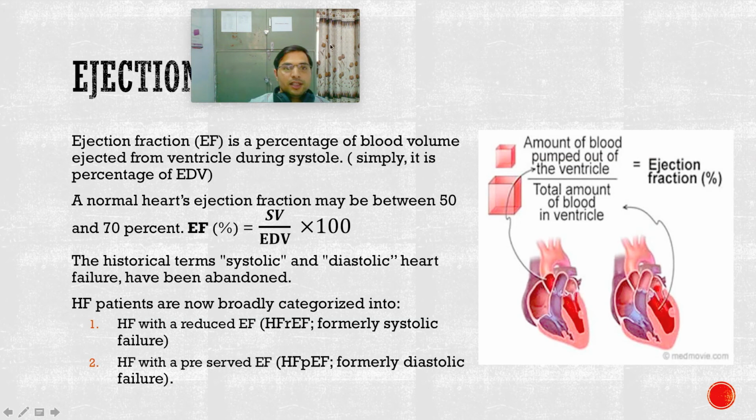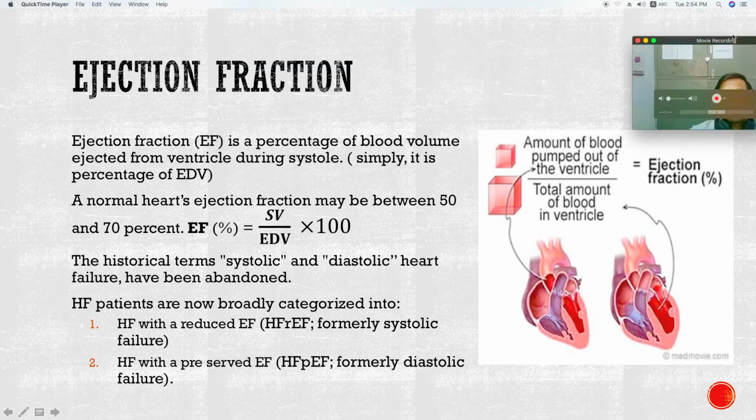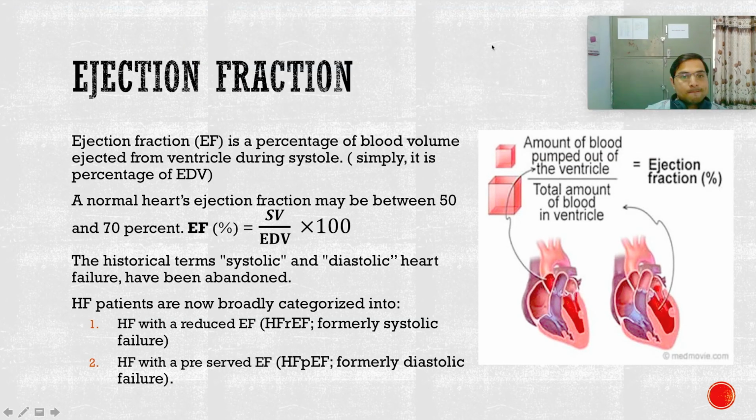The next thing, before we go into the afterload, is ejection fraction. Ejection fraction is a calculation in percentage, the percentage of blood volume ejected from the ventricle during systole. Simply, it is a percentage of end diastolic volume, not stroke volume, end diastolic volume.